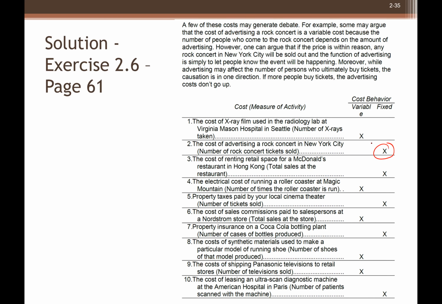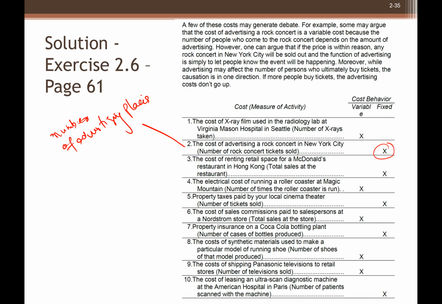Now tell me, is there any case in which this second one becomes a variable cost? For example, the cost of advertising a concert in New York City, where right now the activity is the number of tickets sold, but suppose its base is the number of advertising places, the number of advertising billboards. In that case, it becomes variable, right?